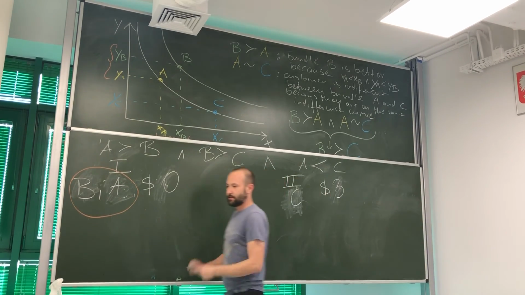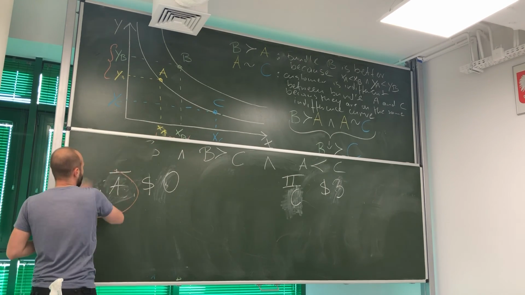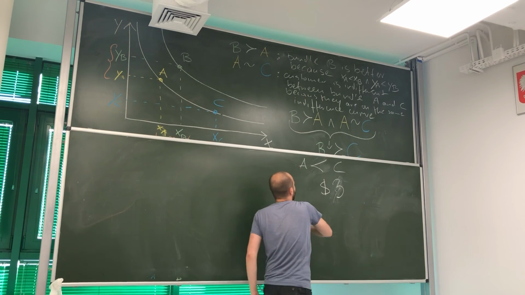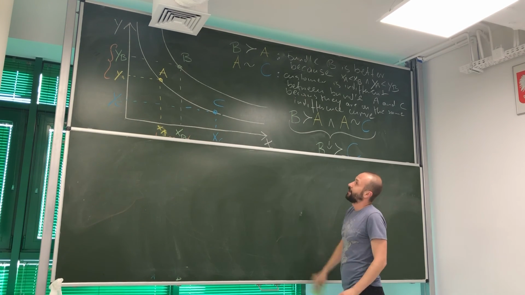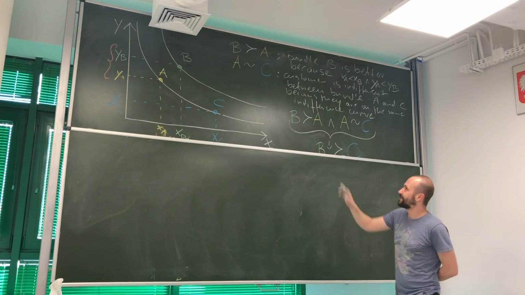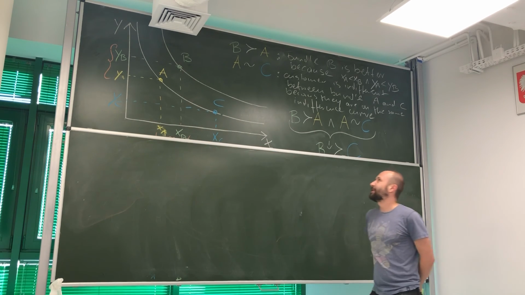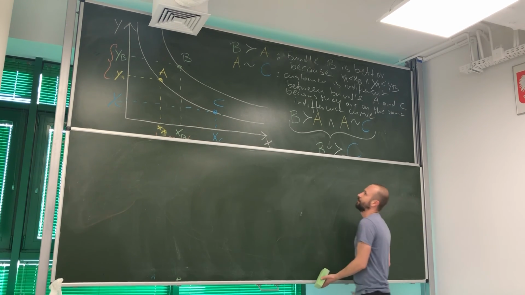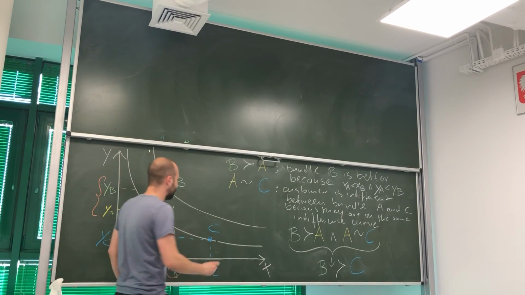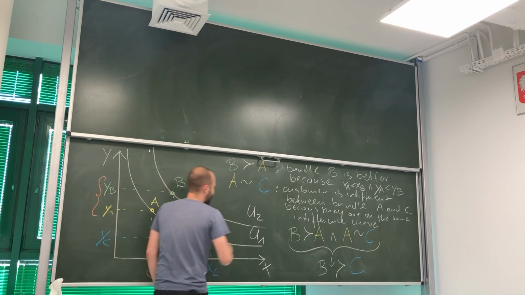However, this is not all that we learn over here. Look, the second thing that we learn is about where the customer wants to be. We clearly see that point B is better than point A, but it means that every point on indifference curve U2 is better than any point on U1.